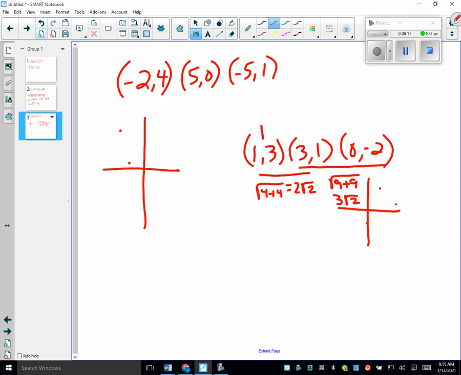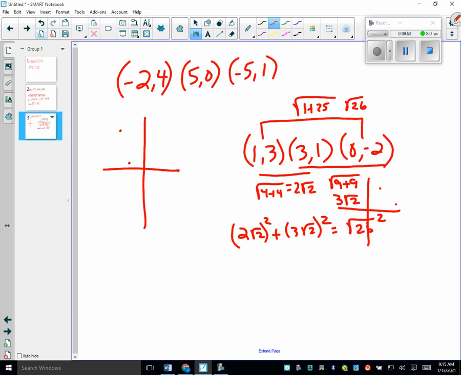Now, what about these 2? Isn't the first one 1? And this is, so, radical 26. So is 2 radical 2 squared plus 3 radical 2 squared equal to radical 26 squared?